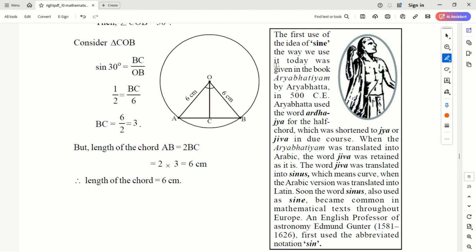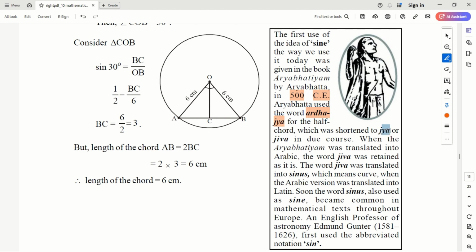The first use of the idea of sine is way back to 500 CE, and it was used by Aryabhatta in his famous book Aryabhattiyam. He called it Ardhagnya. Sine is called Ardhagnya, that is the short form.